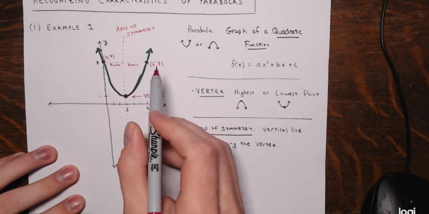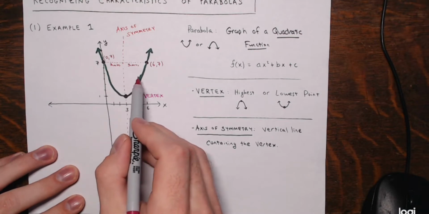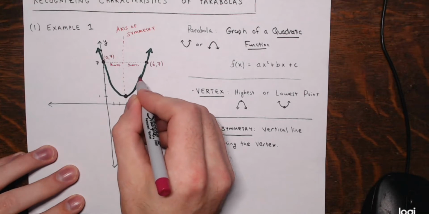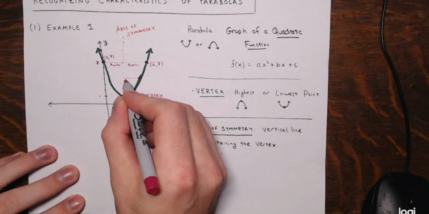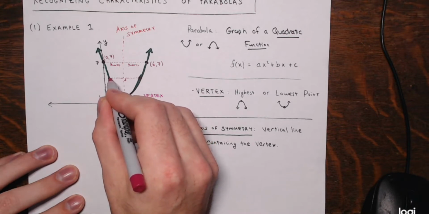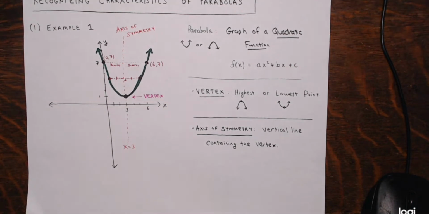It works that way for any pair of points on the parabola. If you go from one point on the parabola directly to the axis of symmetry, perpendicular to it, and then the same distance across, you land right on the parabola again. So that's why this is the axis of symmetry.